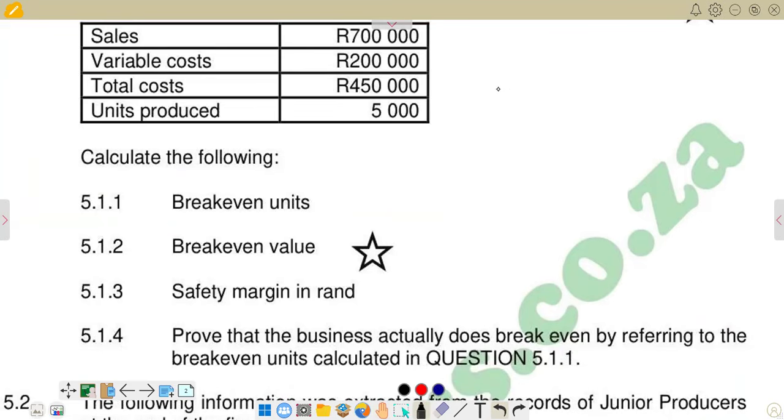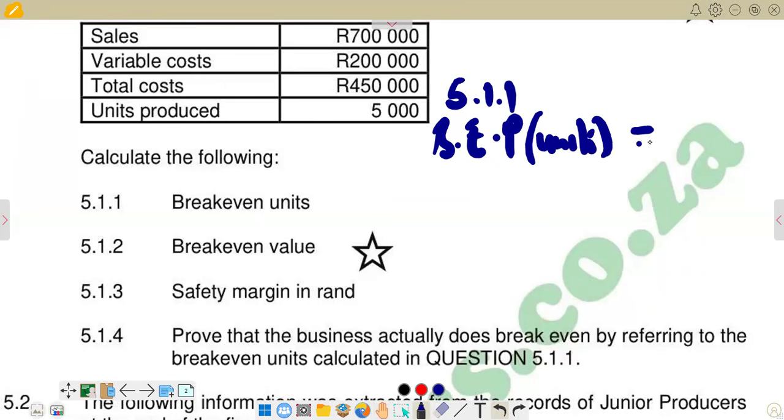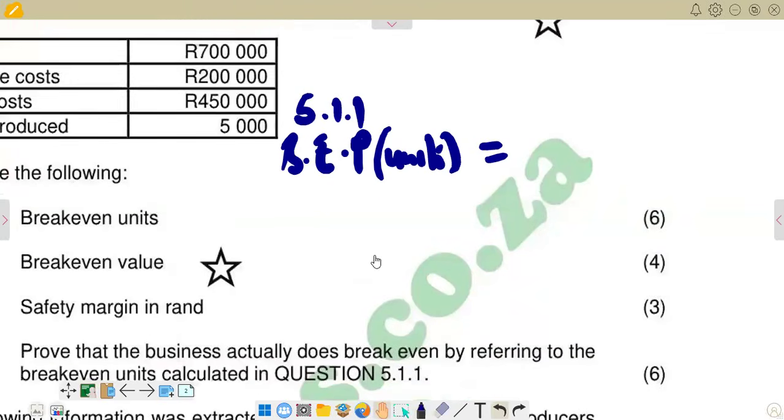So this is 5.1.1, and on the calculation of break-even point in units, we say break-even point in units is equal to, let's see the formula.